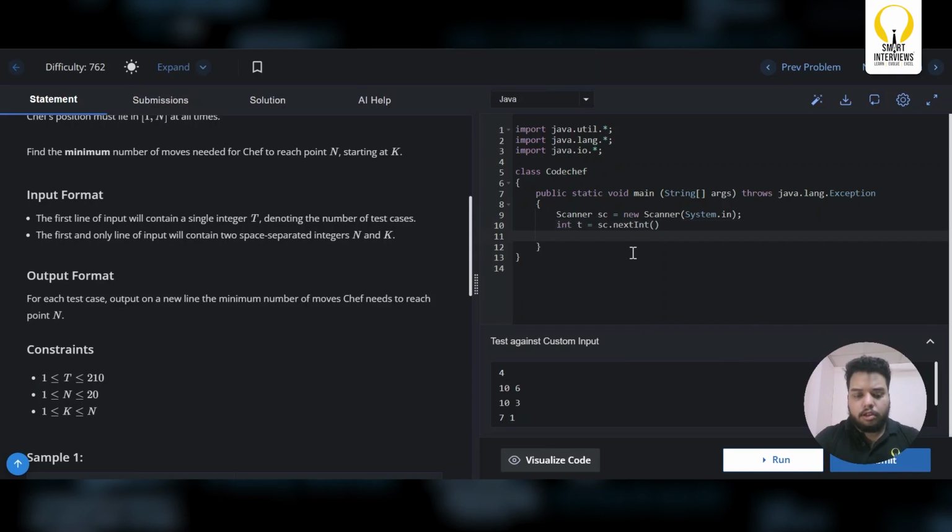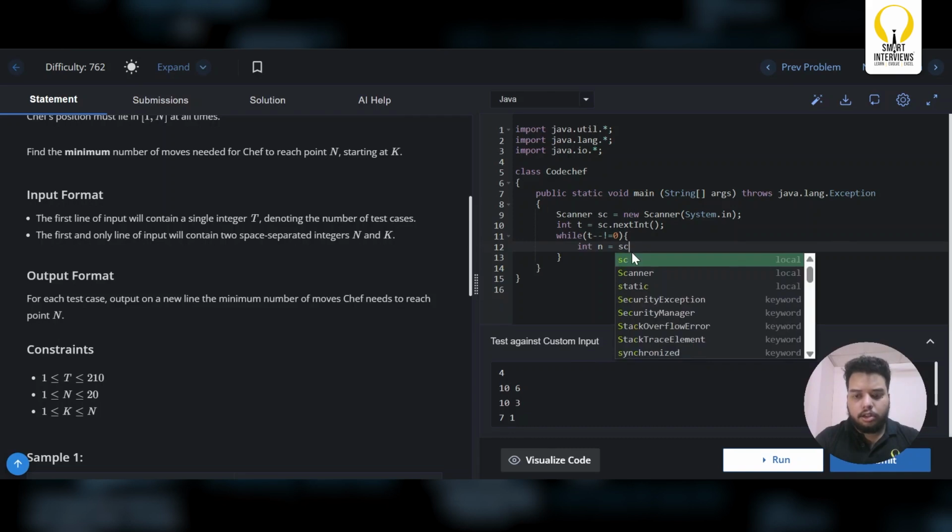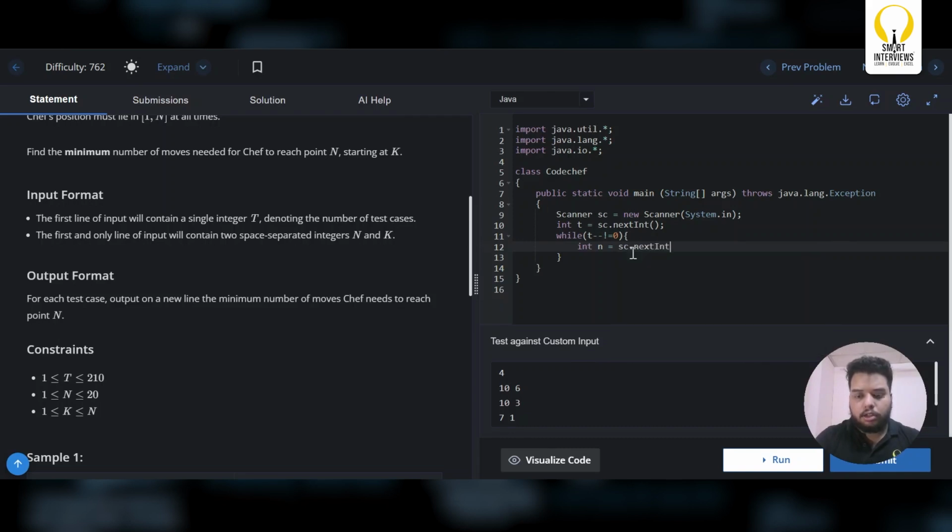So in this way, first I will read the number of test cases, then for each test case I will read n and k.